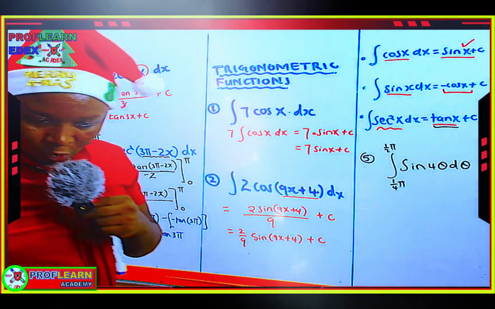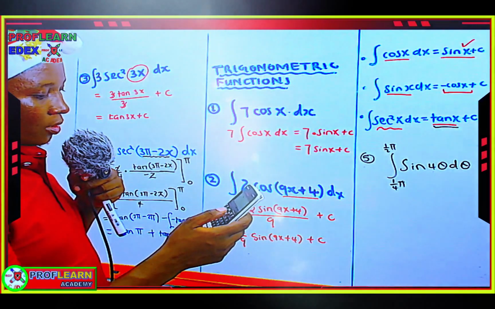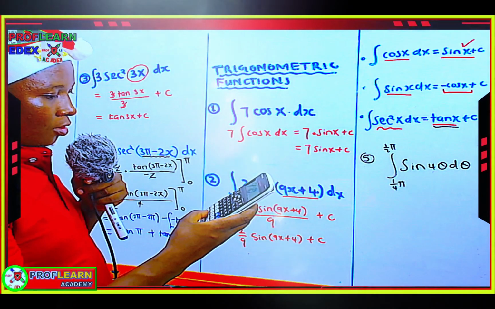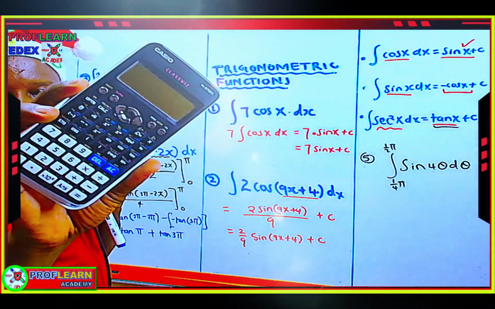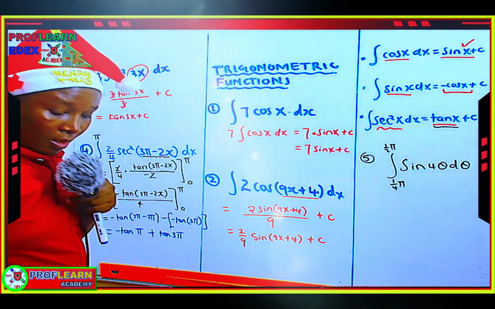So this one we can put straight in the calculator, and when you are doing calculus with your calculator, you have to ensure that your angle is in radians. Ensure that your calculator is in radians when you are dealing with calculus questions.